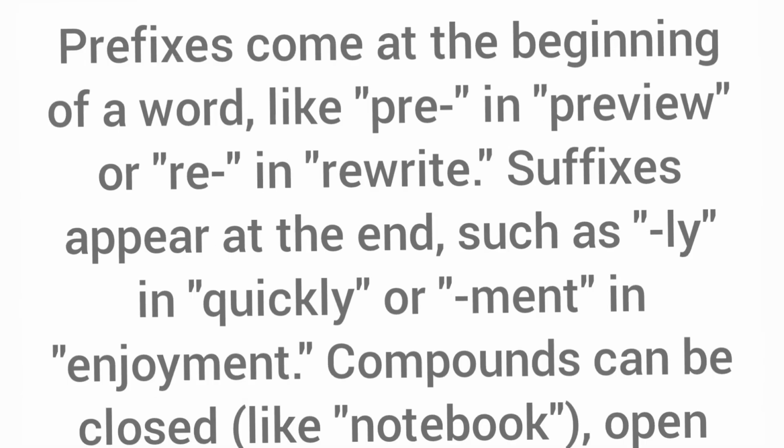Prefixes come at the beginning of a word, like pre in preview, or re in rewrite. Suffixes appear at the end, such as ly in quickly, or ment in enjoyment.